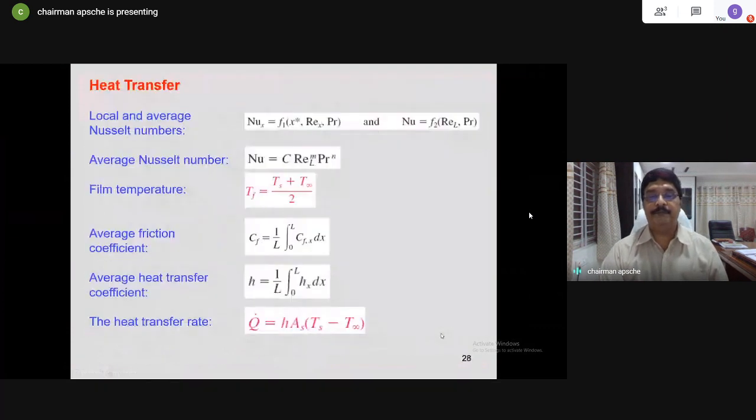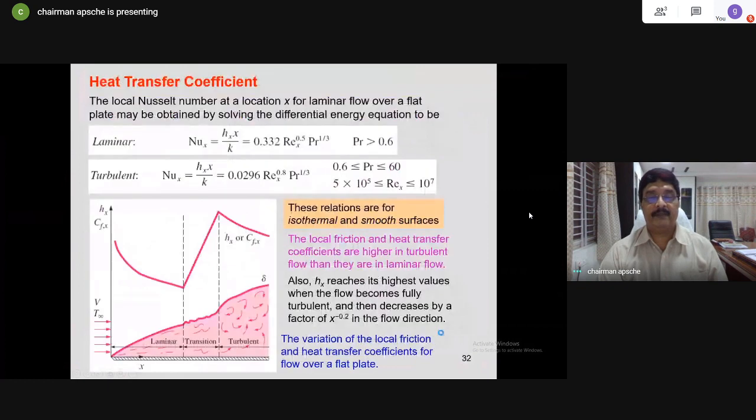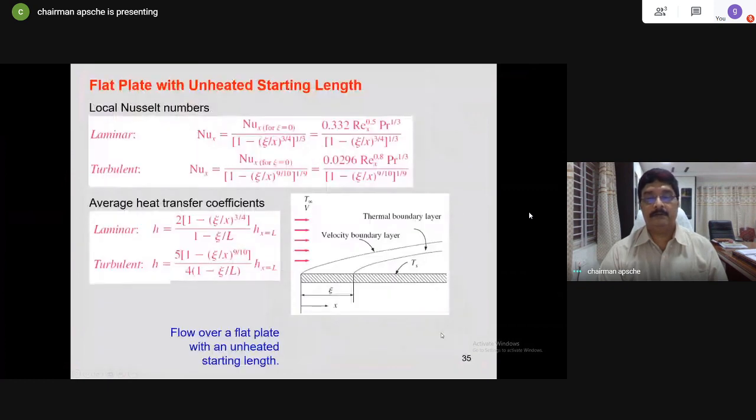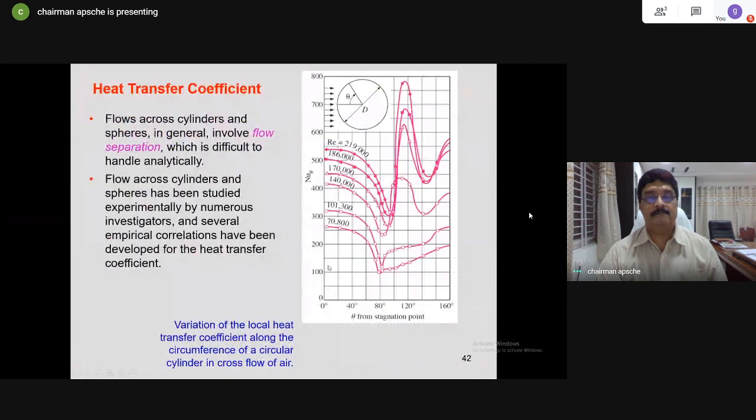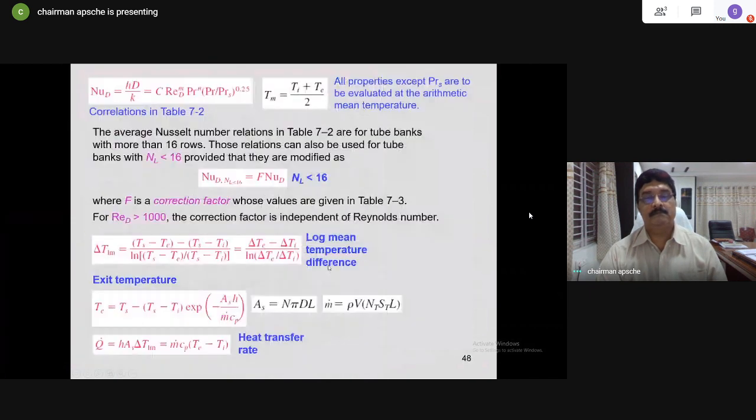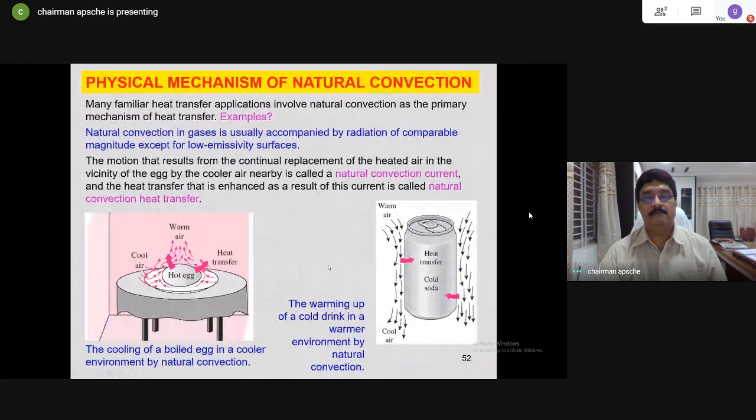Now we move on to natural convection. See, we know that if the air molecule is heated, it vertically goes up. If it is cooled, it comes down, like your domestic refrigerator concept, whatever I have explained. I think I have given enough examples.